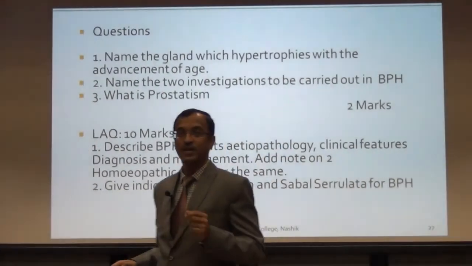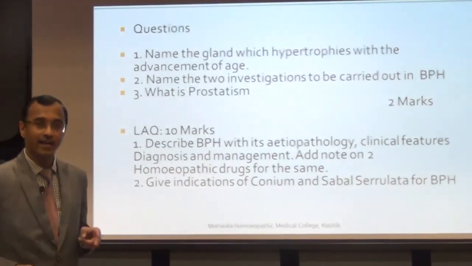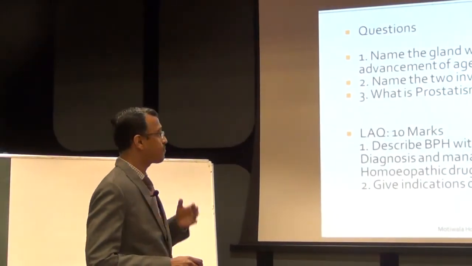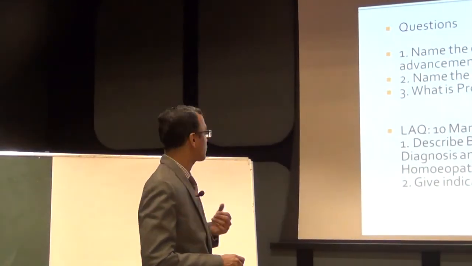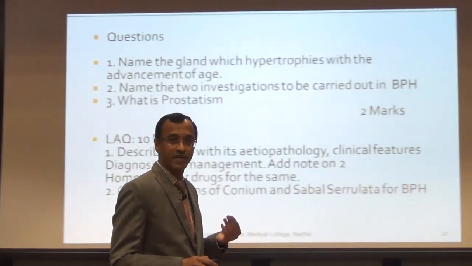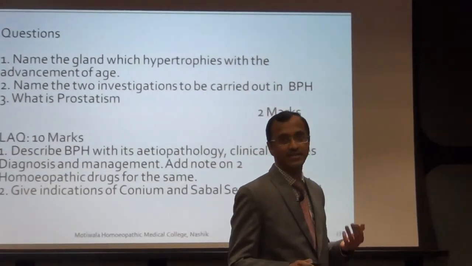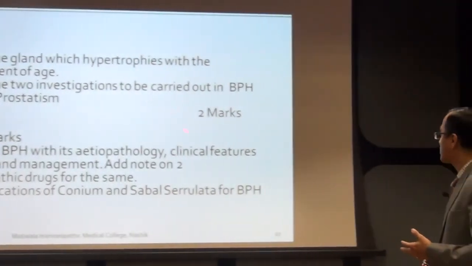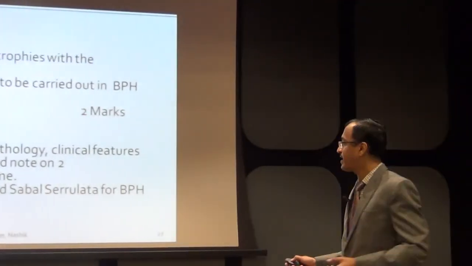The commonest should be ultrasonography, and one can think of prostate specific antigen or the postvoid amount of urine on ultrasonography. What is prostatism? Again, it is a triad of symptoms: urgency, frequency and hesitancy, in the clinical condition of benign prostatic hypertrophy. So these are the likely questions for 2 marks.